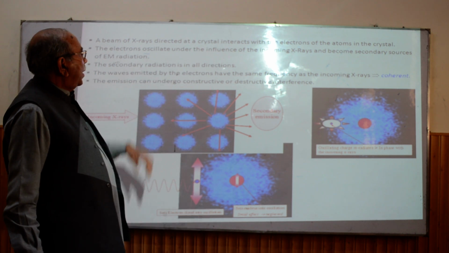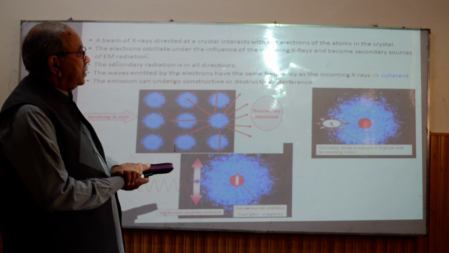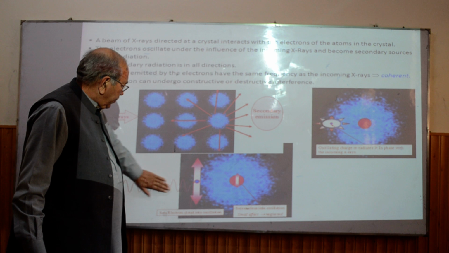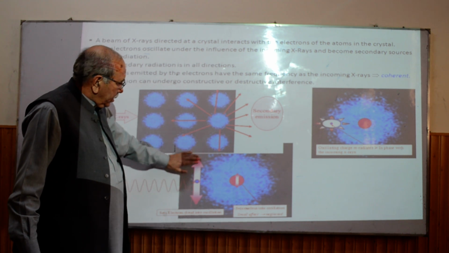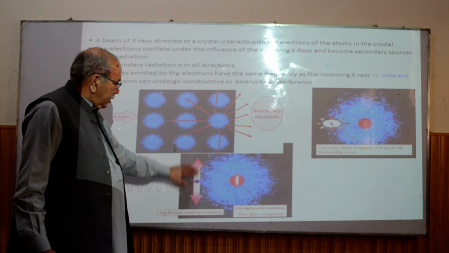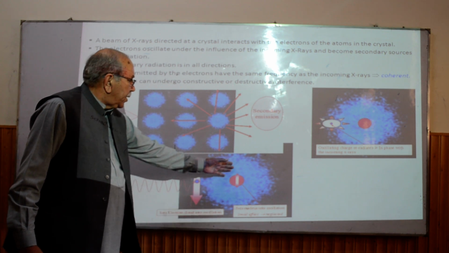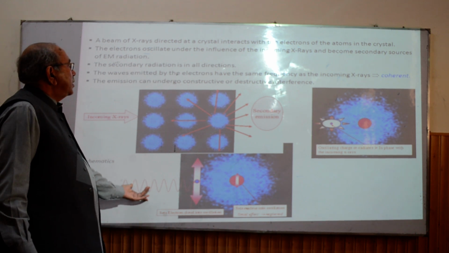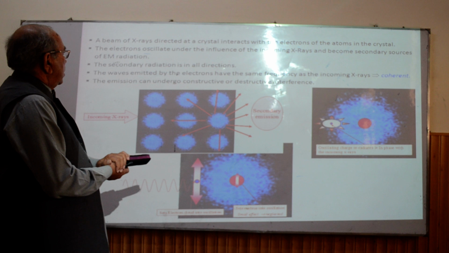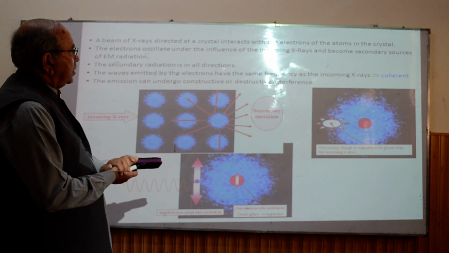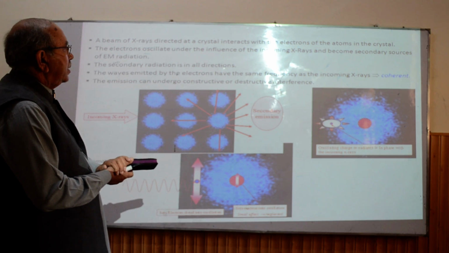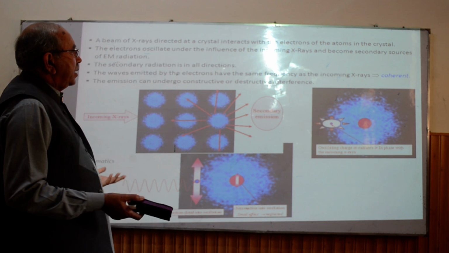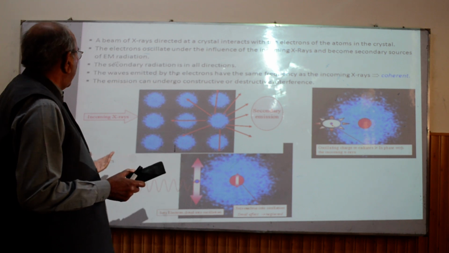The waves emitted by the electron have the same frequency as the incoming X-rays. This is having a particular frequency, and this will oscillate with the same frequency, and the radiation emitted from it will have a frequency equal to the frequency of the incident radiation. If the atoms are situated at specific positions, this can be coherent.